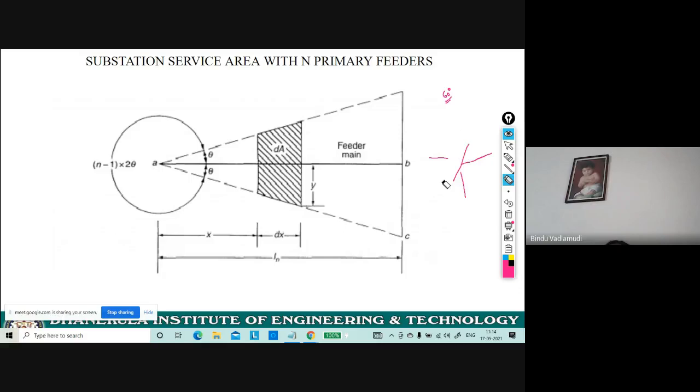The angle between 2 feeders in a hexagonal arrangement is 360 divided by 6, that is 60 degrees.